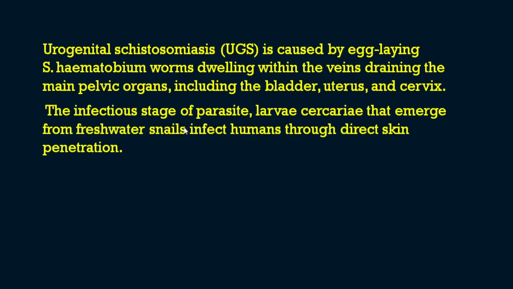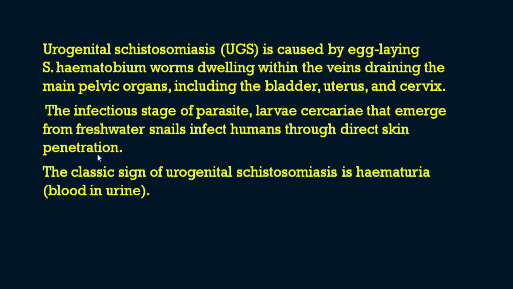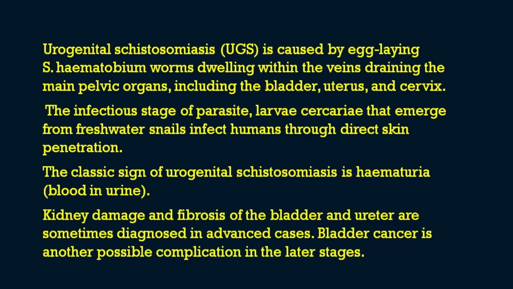The infectious stages of the parasite, the larvae called cercariae, emerge from freshwater snails and infect humans through direct skin penetration. The classical sign of schistosomiasis is hematuria. Kidney damage and fibrosis of the bladder and ureter are sometimes diagnosed in advanced cases, and bladder carcinoma is another possible complication in the later stages.